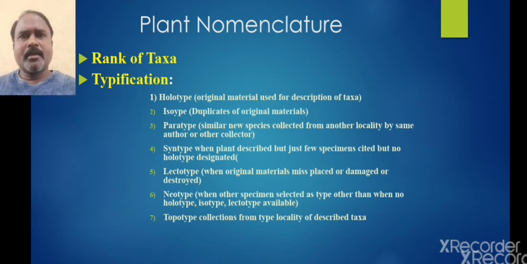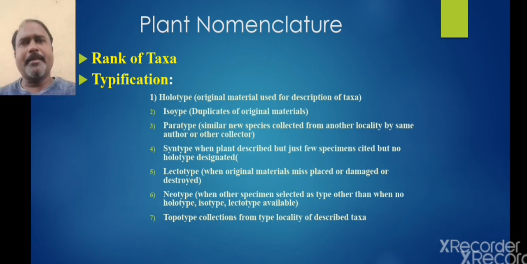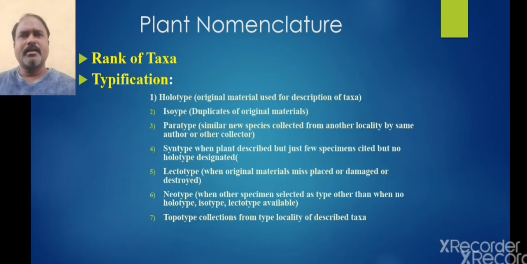What happens if it is described in the 18th century or 17th century, and the specimens are destroyed or misplaced during World War II, or in any case when the original holotype and original isotypes are misplaced, then the author or a scientist who is working on that same plant should designate another gathering of the same author if available as a lectotype, or a similar specimen which correctly matches the protologue.